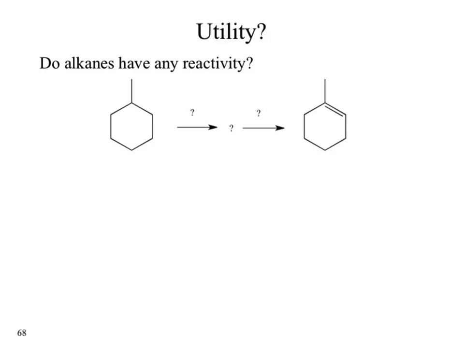I want to make reactions happen here. Just like we looked at with the previous propagations, I can start with Br2 and light. What happens? The bromine splits, generates a radical. That radical will now find a hydrogen that it can remove to generate a stable radical.